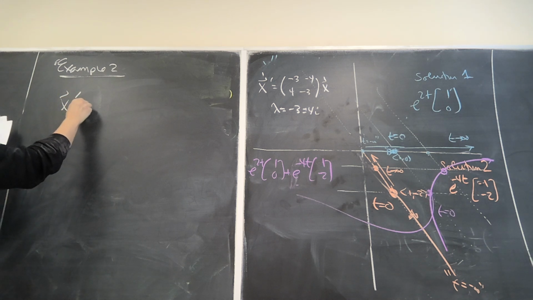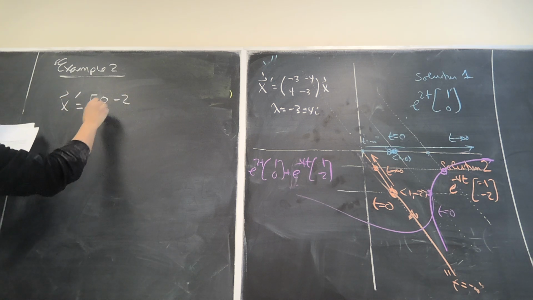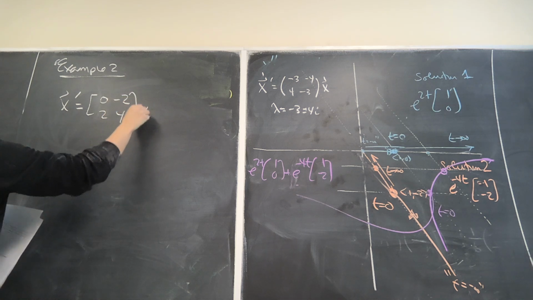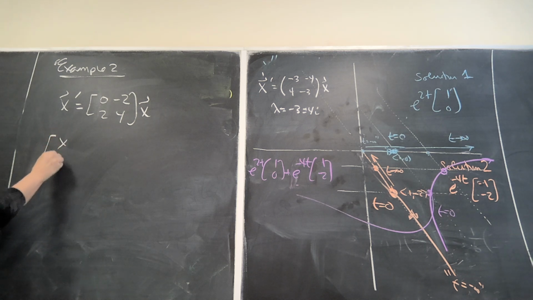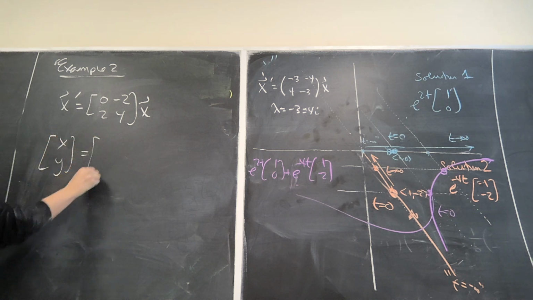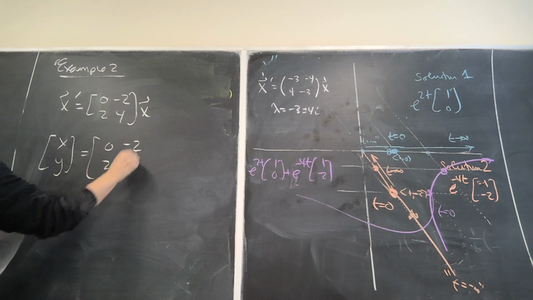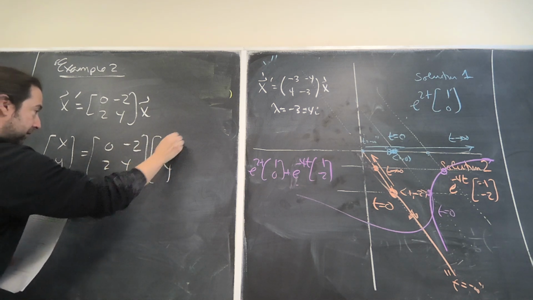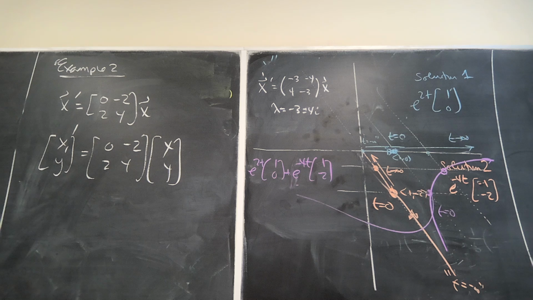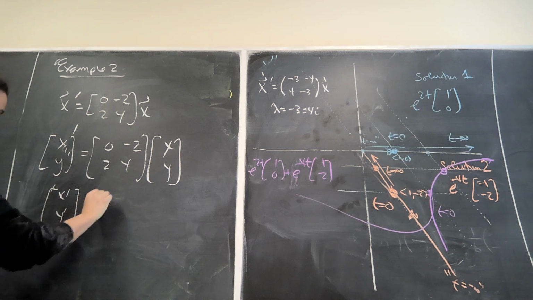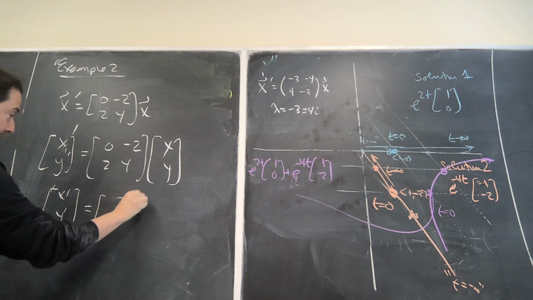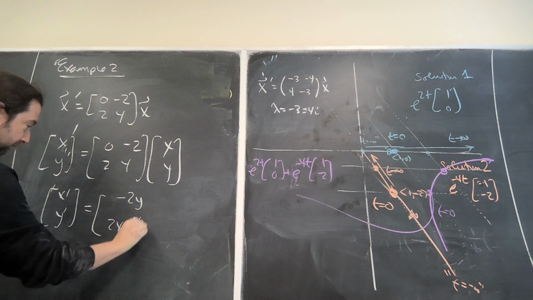X prime is equal to 0, minus 2, 2, 4 times x. This vector differential equation. Now, if I wrote this down in coordinate form, x, y is equal to 0, minus 2, 2, 4, x, y, then I would have x prime, y prime is equal to minus 2y and 2x plus 4y.